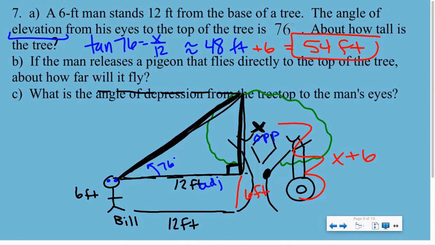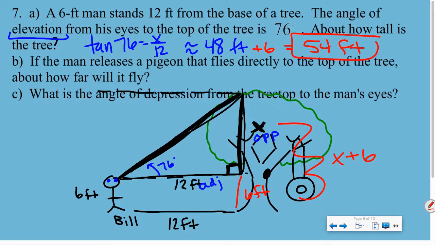Part 2, B. If the man, Bill, releases a pigeon that flies directly to the top of the tree, how far will it fly? So Bill's going to take this pigeon and release it, and it's going to follow his line of sight. When they say directly to it, we have a magic world here.